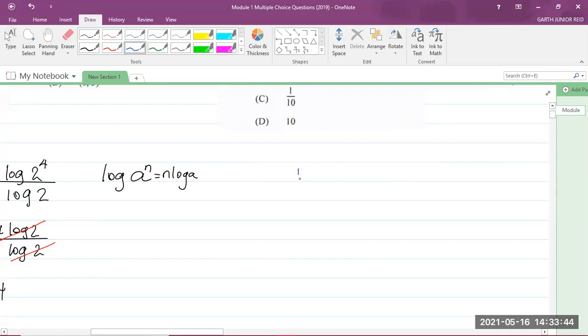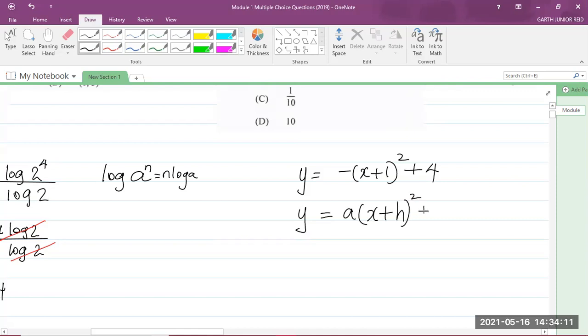We were given y is equal to the negative of x plus 1 all squared plus 4. Whenever you have something in the form of y is equal to a multiplied by x plus h all squared plus k, this is known as the vertex form of a quadratic expression.